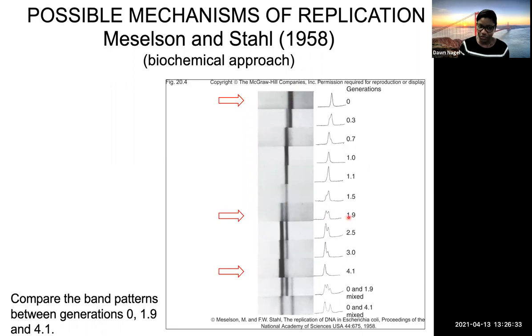After the second generation, you have that middle ground, but then you also have a lighter, less dense band, so it's higher, because that's a newly synthesized one. And then after the fourth generation, you start getting more and more of that lighter band, because you're diluting out that original band. So based on these observations, they were able to conclude that DNA is indeed semi-conservative, okay?